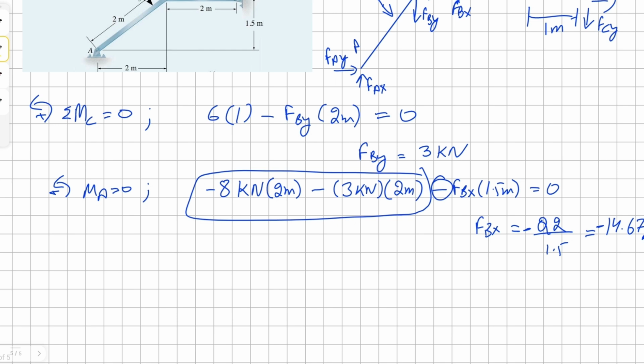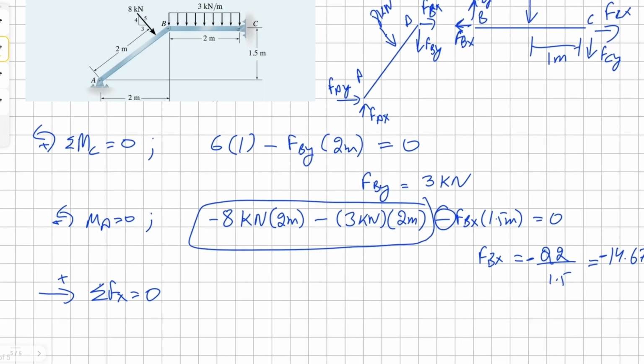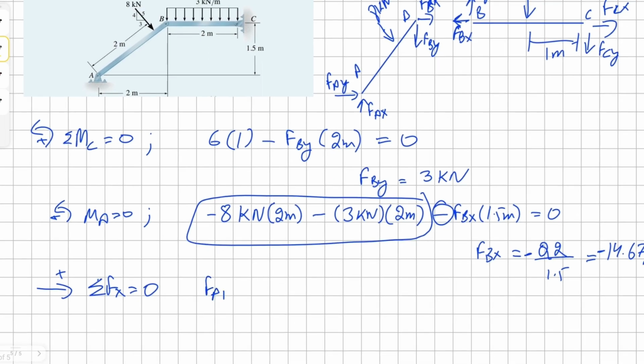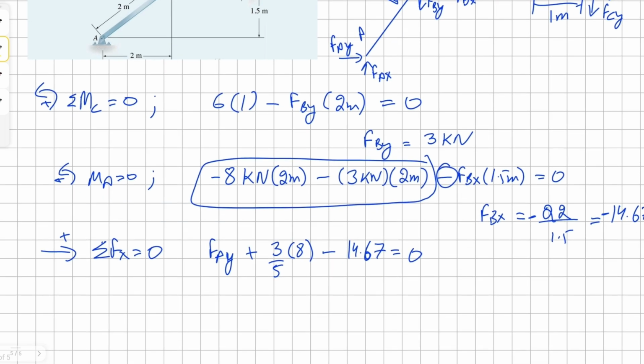Okay, now that we have that value, we can find the value of Fax along the x-axis. So let's do sum of forces along the x-axis at member AB. We can assume left to right as our positive. So our Fax would be positive, then our point load 8 kilonewton times 3 over 5 will be positive, and we're going to have a negative 14.67 kilonewton, and the sum equals 0.